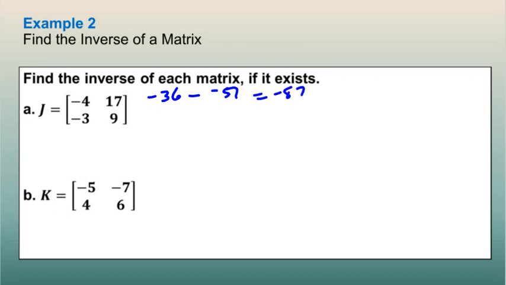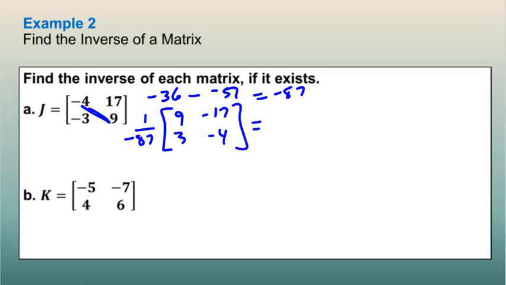So from that point, the determinant is negative 87, so I have to do the reciprocal of that. So this would be 1 over negative 87, and then I multiply that, and I switch these around, so this would be 9, negative 4, and then I change the signs of the rest. And then I multiply it. So I have negative 1 divided by 87 times 9.